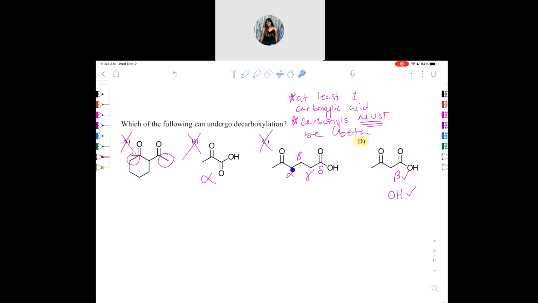One carbon away is our alpha, two will be beta, three will be gamma. Then the next carbonyl is one position next to the gamma, so that's the delta. They're going to be delta to one another. Does that make more sense? Okay, cool.